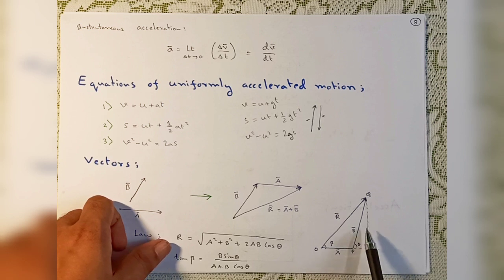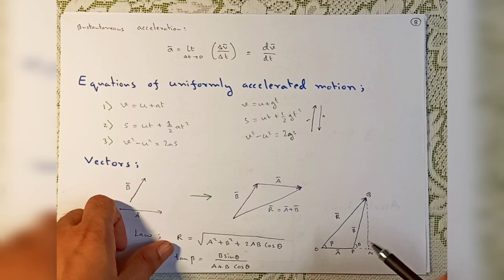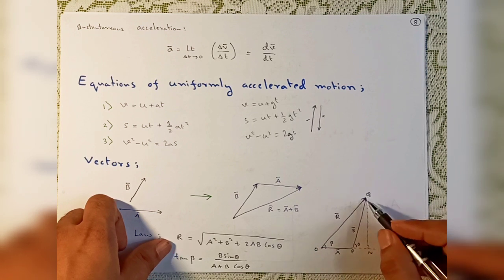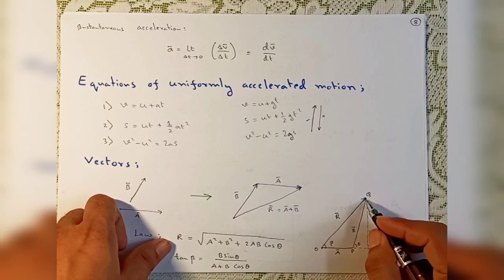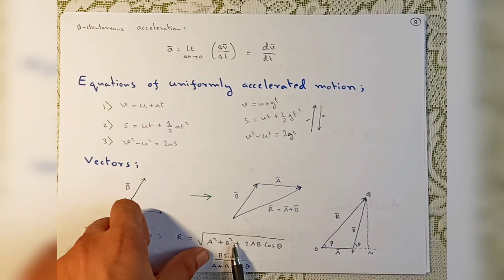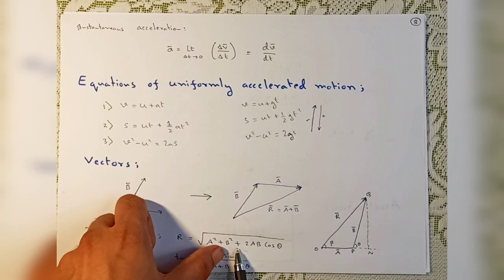When we do the necessary calculations here, we find that this resultant from O to Q is the square root of A square plus B square plus twice AB cos of angle theta.